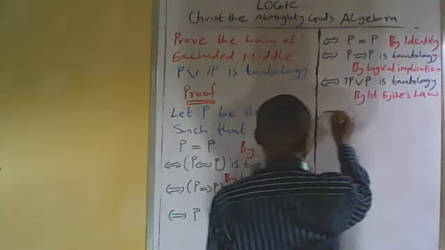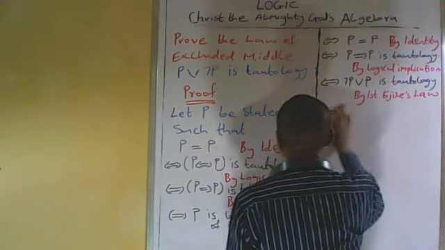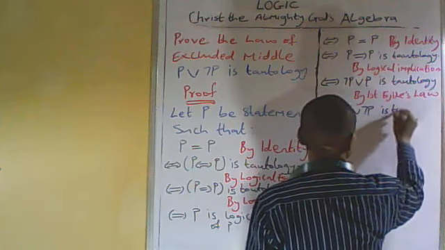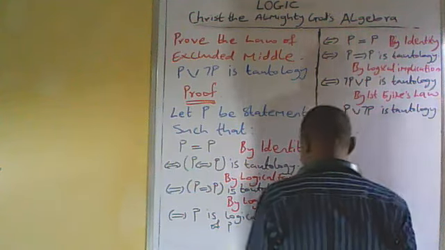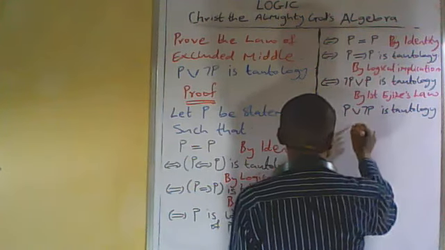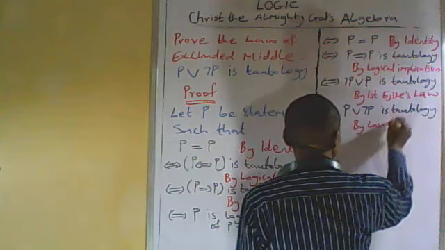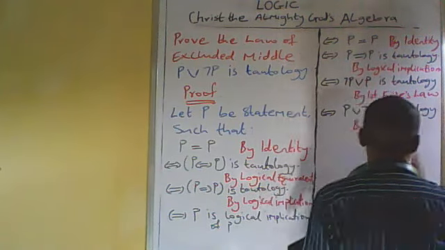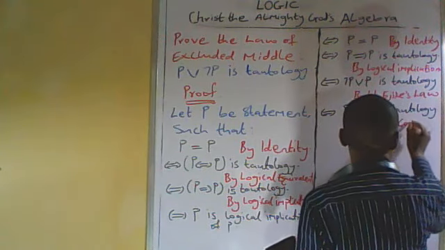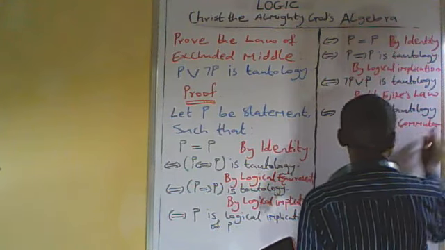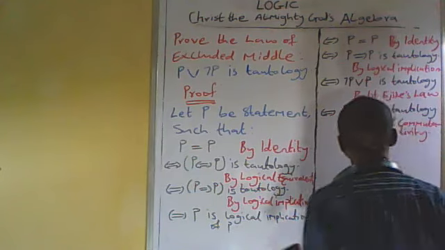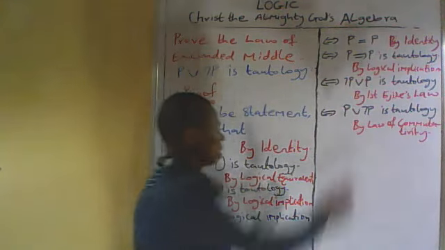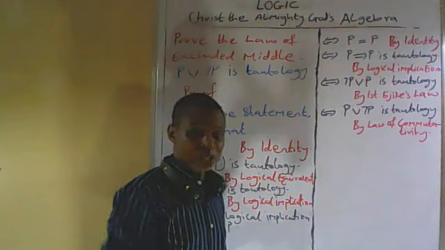You say if and only if P or not P is a tautology, by the law of commutativity. So it preserves equivalence.